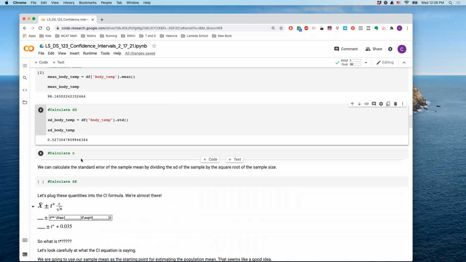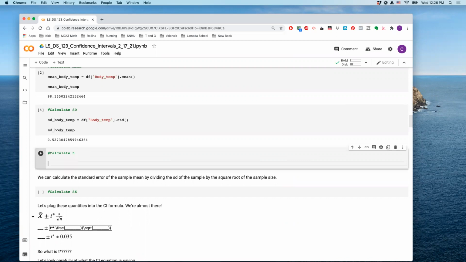So that means that most individuals, if we're talking about the distribution of individual body temperatures, will have a body temperature within plus and minus about 3 standard deviations of the mean. So we would expect most individuals to have a body temperature somewhere between, let's say, 96.5 and 99.5 degrees.